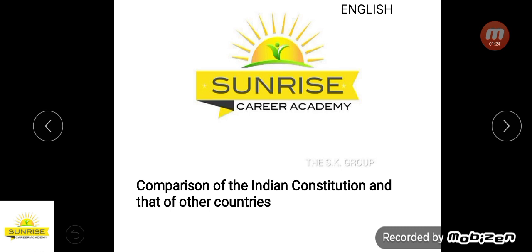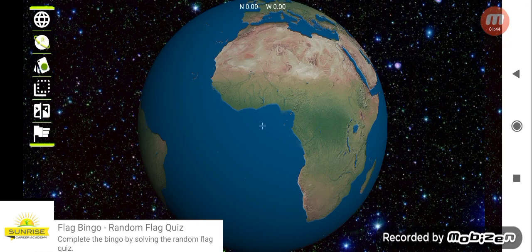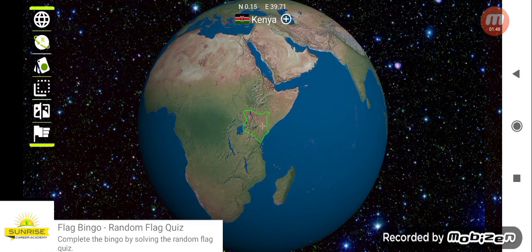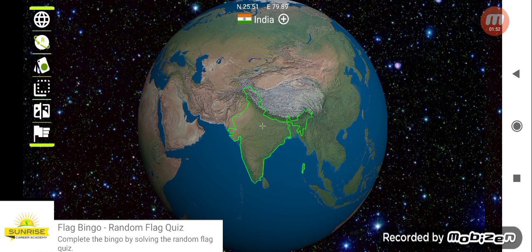Let us do the same, but first of all, let us see where these two countries lie on the map of the world. See, this is the globe where all the countries are shown, and this is our India in the northern hemisphere.